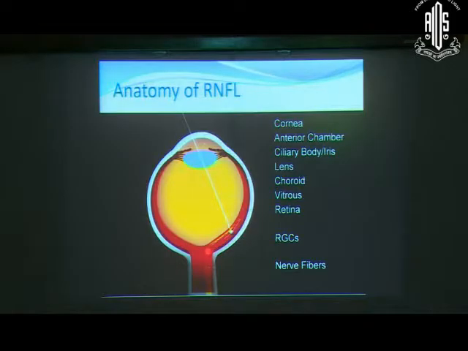That is why it is most important, because in glaucoma, the central part of the neuronal cells are mostly affected. Almost 50% of the ganglion cells are present in the macular area, and a very small number are in the peripheral retina.